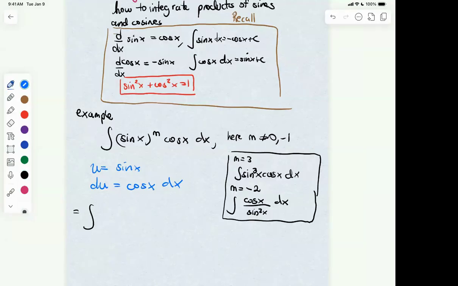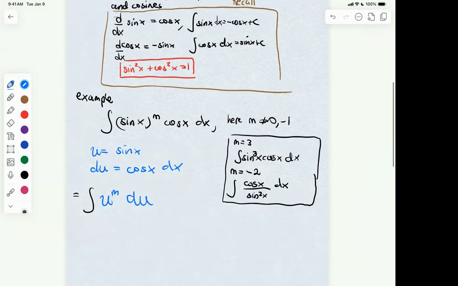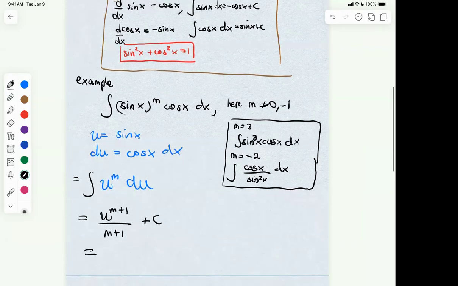It becomes u to the m times du, right? And we know how to integrate this, provided we do need m to not be zero. So this gives you u to the m plus 1 over m plus 1 plus a constant, and that gives you sine of x to the m plus 1 over m plus 1 plus a constant.